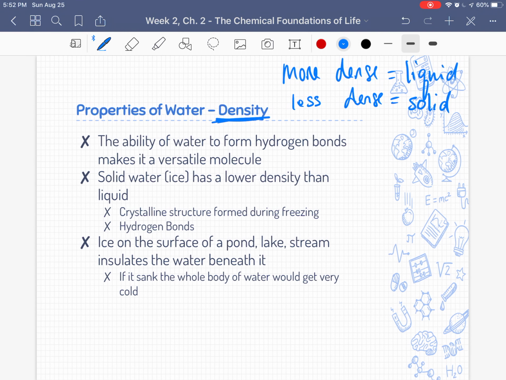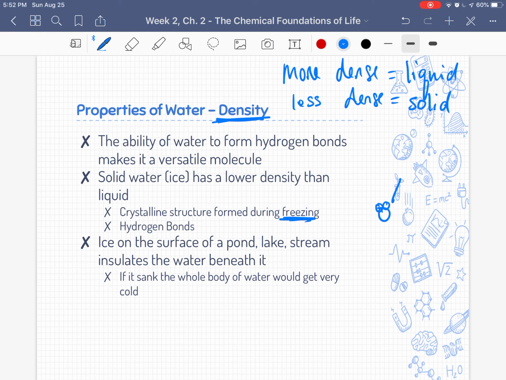What happens is during freezing, the hydrogen bonds will kind of stabilize a little bit, and they will hold water molecules at arm's length. So this is a hydrogen, so this needs to be the oxygen end. And so what happens is you form this crystalline structure, right?